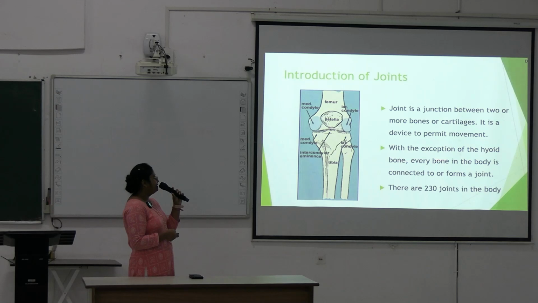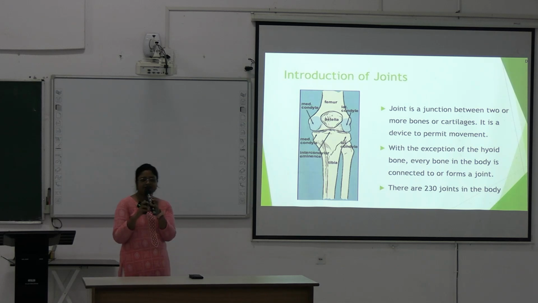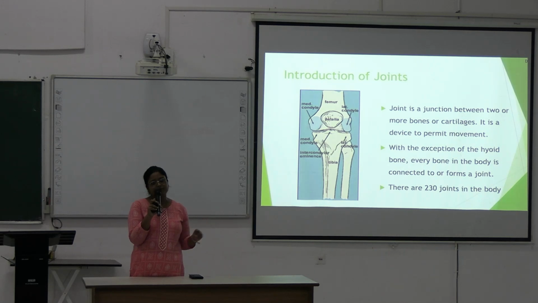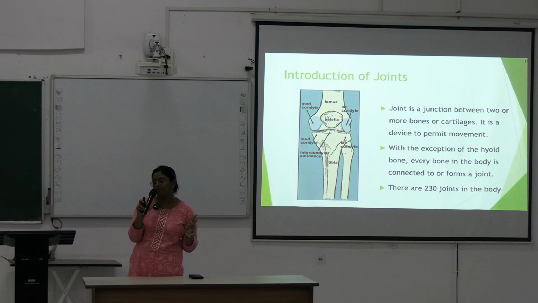And with the exception of the hyoid bone, every bone in the body is connected to or forms a joint. So it is one exception, very important for your Viva or MCQ. Which bone in our body does not take part in any joint? Hyoid bone.